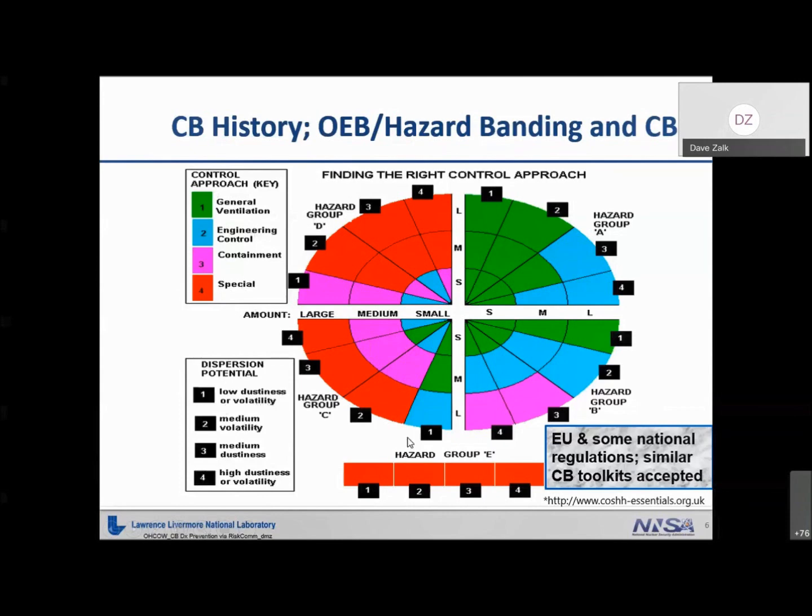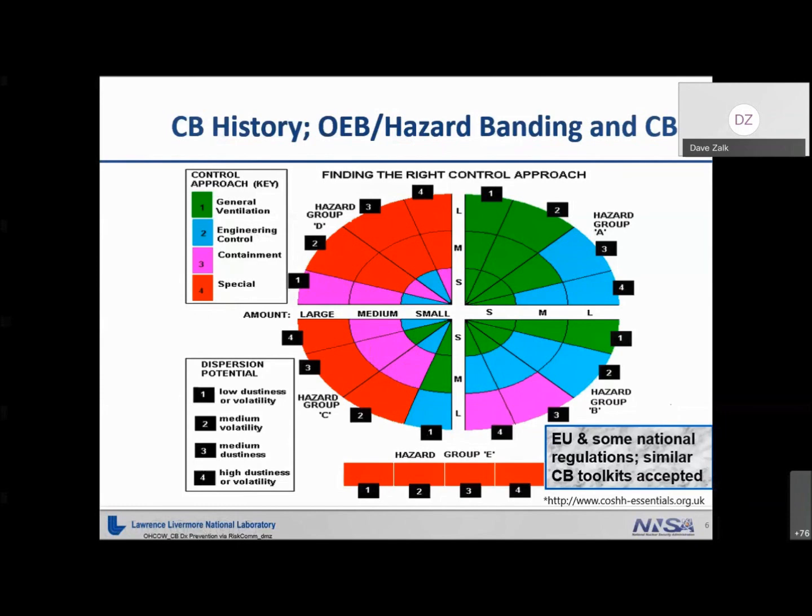Now, what you should know when it comes to chemicals, as long as the chemical is required by regulation in a country to have a risk assessment relating to its use, then that country is more than likely going to be open, if not actually including in regulation, control banding tools.